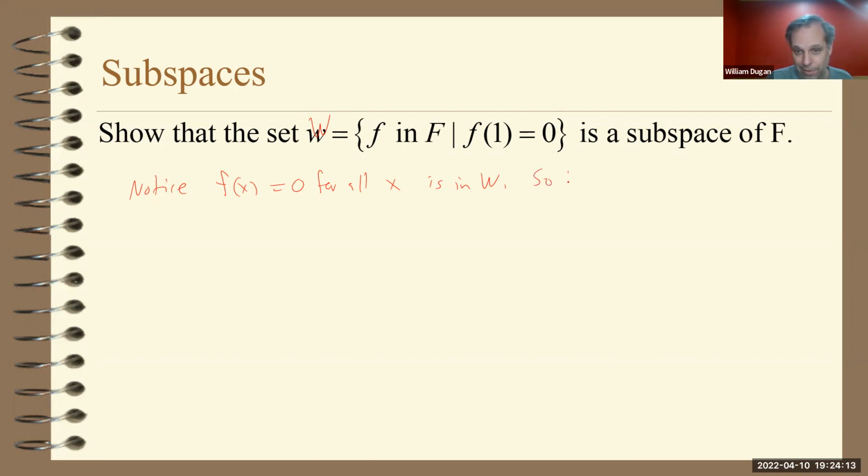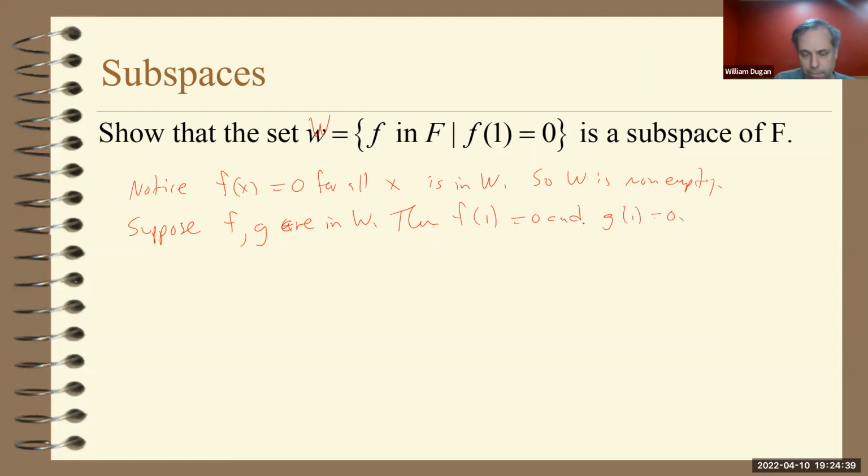So W is non-empty. Now let's just pick two things. So suppose I had two functions, I'll call them f and g, in W. Then f of 1 equals 0 and g of 1 equals 0.